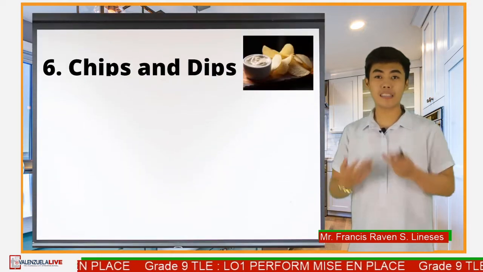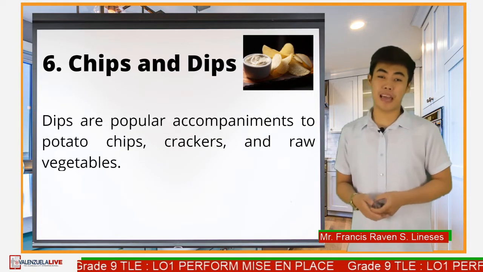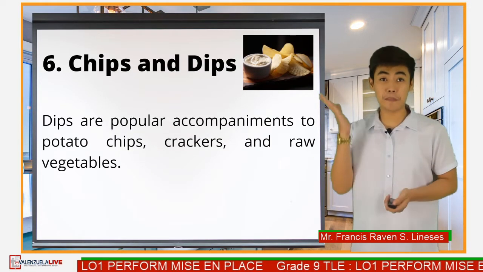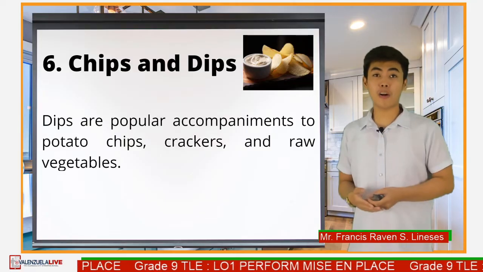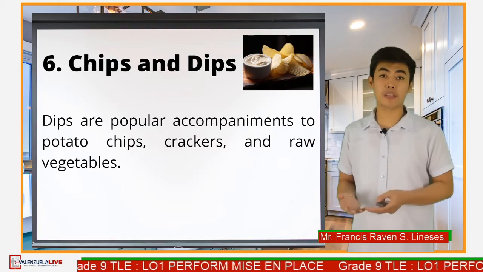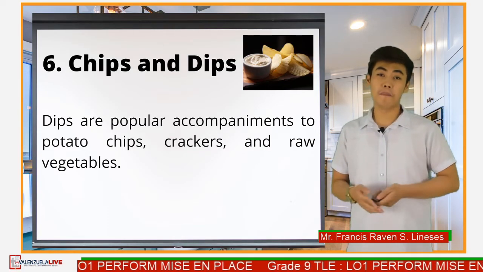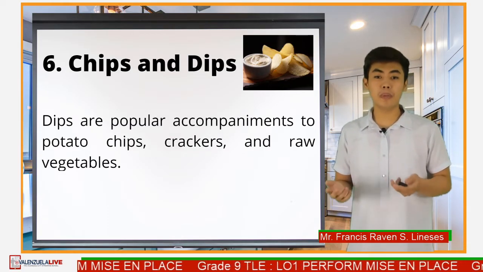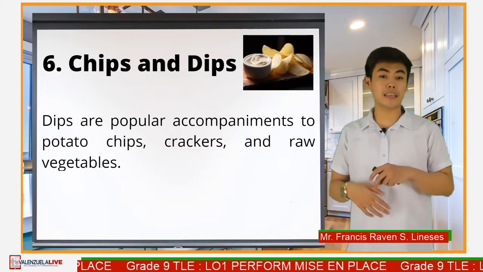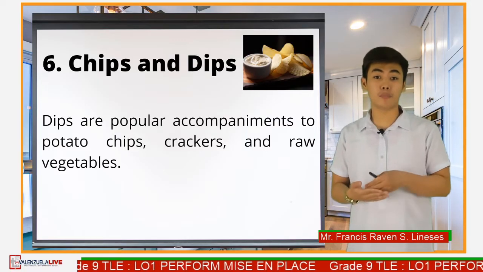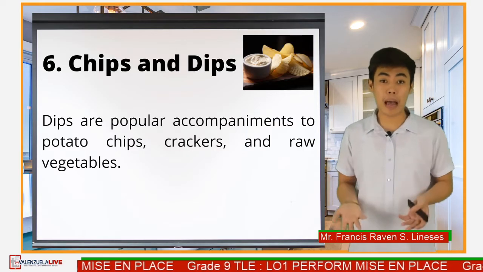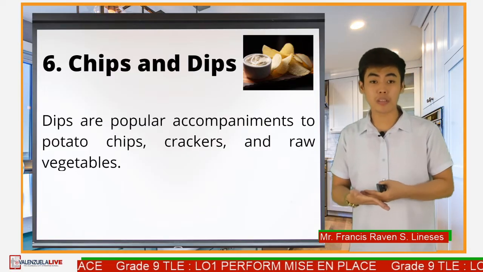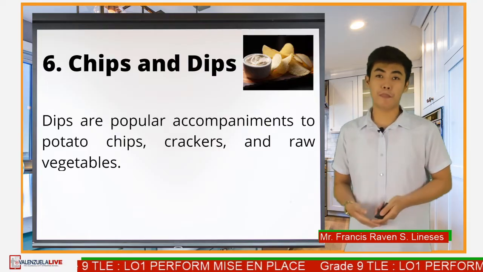On our sixth classification of appetizers, we have the chips and dips. It is a popular accompaniment to potato chips, crackers, and raw vegetables. It must not be so thick that it cannot be scooped up without breaking the chip or cracker, but it must be thick enough to stick to the items used as dippers.